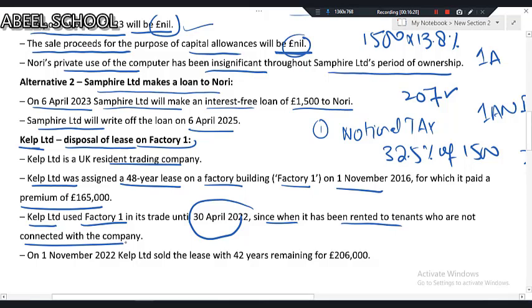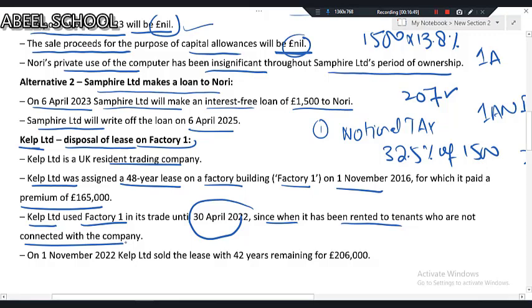This was given to the tenant. It means after 30th April 2022, this factory was used as an investment property. And on investment assets, basically you don't get any rollover relief. All the reliefs are available only on business assets.